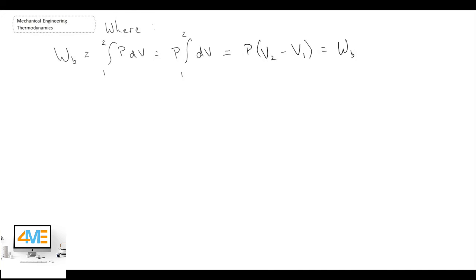And I will call that equation number 3. So that is an expression for the boundary work using the change in volume.